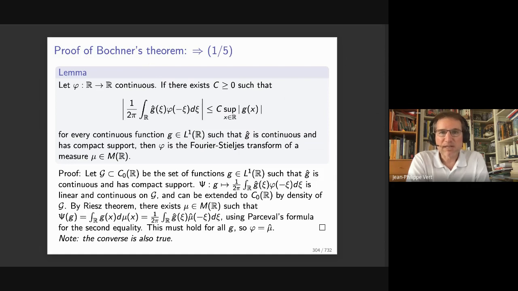I just mention that it's a bit like before. We need to start from phi and show the existence of a positive measure such that phi is the Fourier transform of the measure. You have to be careful. We again use the Riesz representation theorem, which is used in a lemma to show that if phi satisfies some inequality, then it is the Fourier transform of a measure.